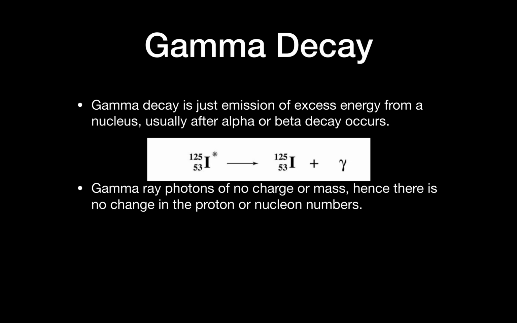On the right, it emits a gamma photon or gamma particle alongside a stabilized iodine nucleus. Gamma particles have no charge and no mass. They're essentially just photons, which is a fundamental particle and a bunch of energy. Therefore, on both sides, there is absolutely no change in the nucleon number or the proton number of the nucleus.